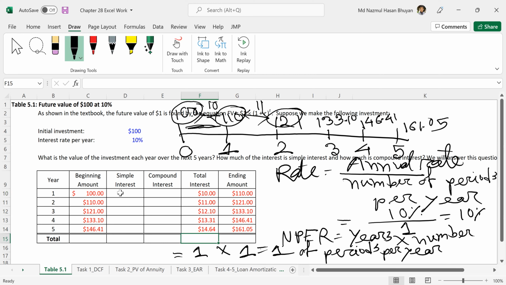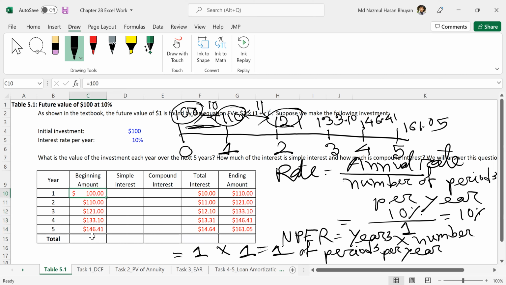Let us now calculate simple interest. So what is the simple interest here? Simple interest is the interest you earn over your principal amount. So you don't receive any interest over your accumulated interest. Now, in this particular problem, what is your principal amount?